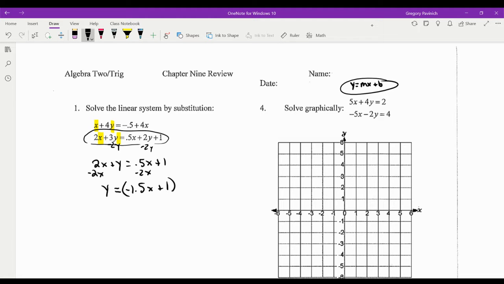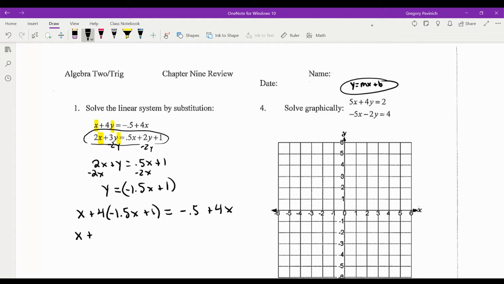And I'm going to plug that into the other equation for y. And so I'm going to have x plus 4 times negative 1.5x plus 1 is equal to negative 0.5 plus 4x. And now I'm going to distribute, and I have x plus, I'm going to multiply 4 times 1.5.